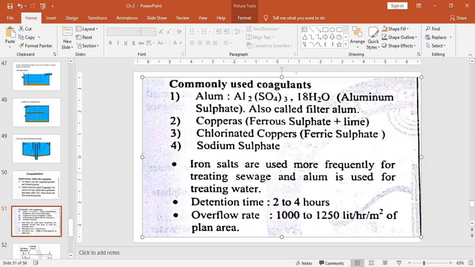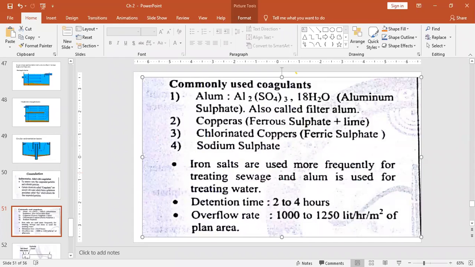Then copperas, it is also called ferrous sulfate plus lime. Okay. Then chlorinated copperas, it is a ferric sulfate. Then sodium sulfate. These are the different types of coagulants which can be used commonly for the coagulation and sedimentation process. Okay. Now the iron salts are used more frequently for treating sewage, and alum is used for treating water.